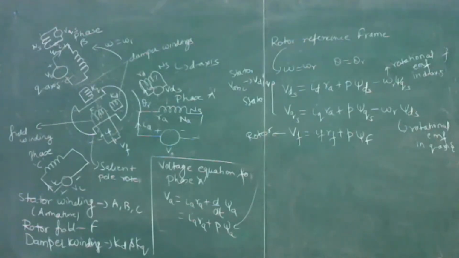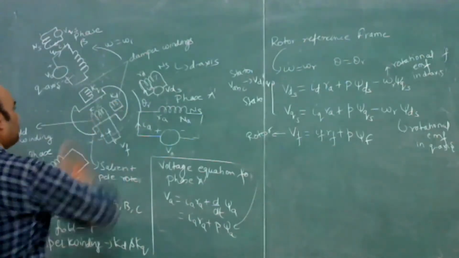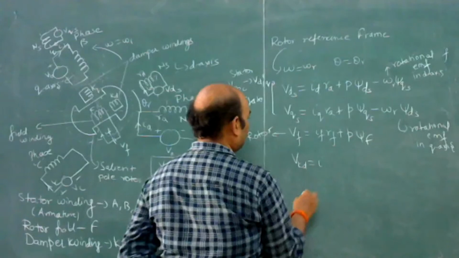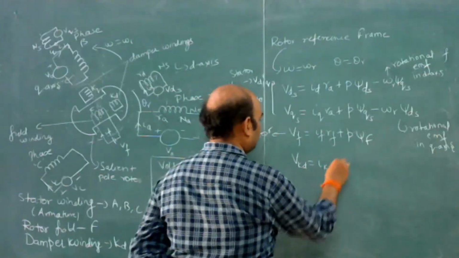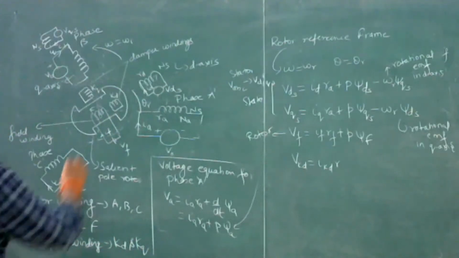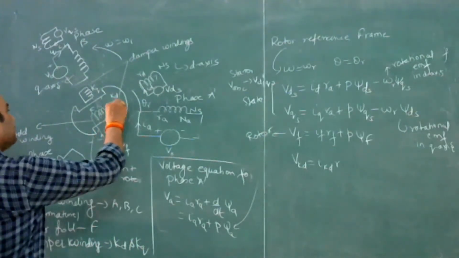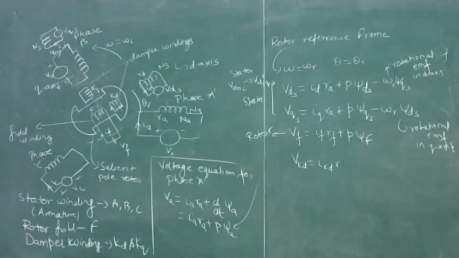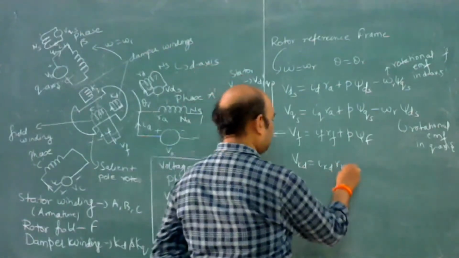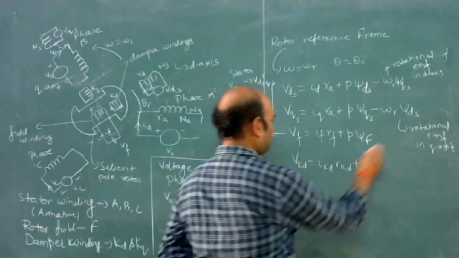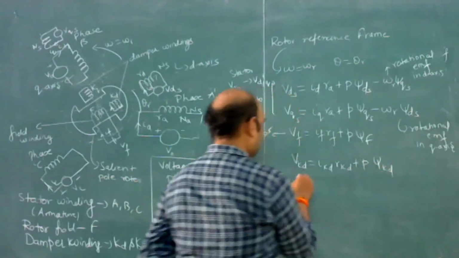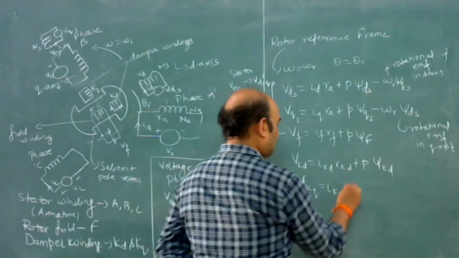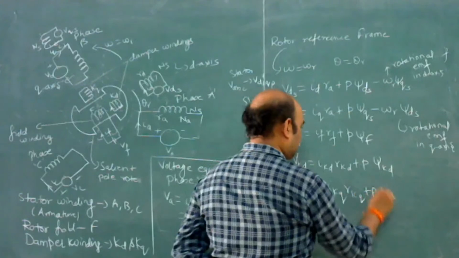And similarly, we can write for the damper windings also. So VKD will be equal to IKD into RKD, so this current is IKD flowing in the damper winding in D axis, plus P into psi KD, plus VKQ is equal to IKQ into RKQ plus P psi KQ.